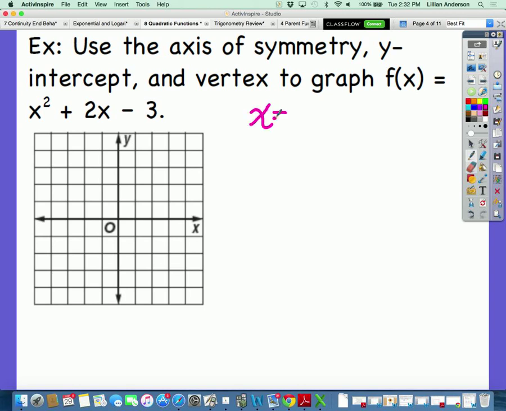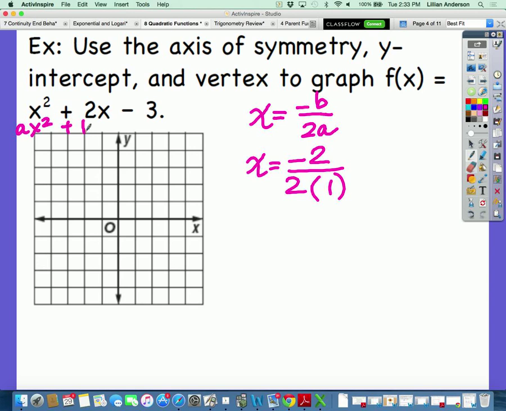So, the axis of symmetry is negative b over 2a. So x equals negative b. What's b in this problem? 2. The 2. And a is what? 1. I have a few more participating, but that's okay. For those that are stuck, remember it's ax squared plus bx plus c.